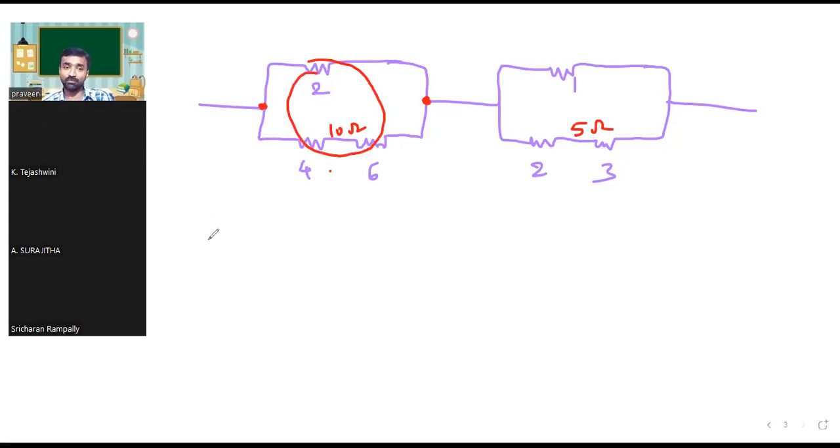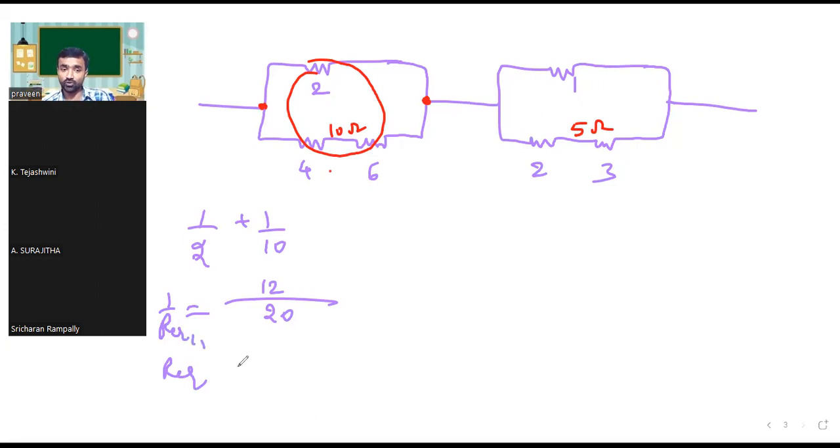So 1 by 2 plus 1 by 10. That will give you 2 into 10 over 2 plus 10. So 12 by 20. Then here you write the reciprocal for the equivalent resistance in loop 1, right?